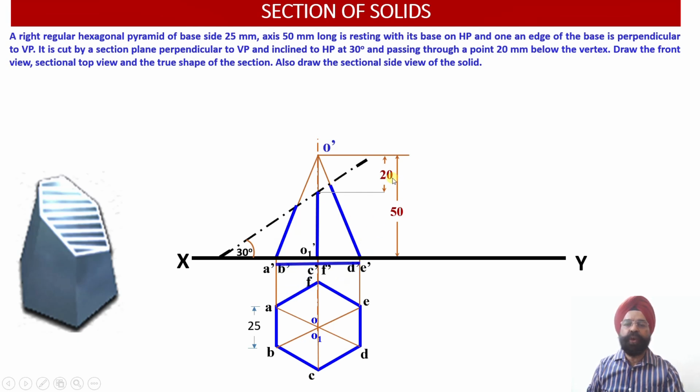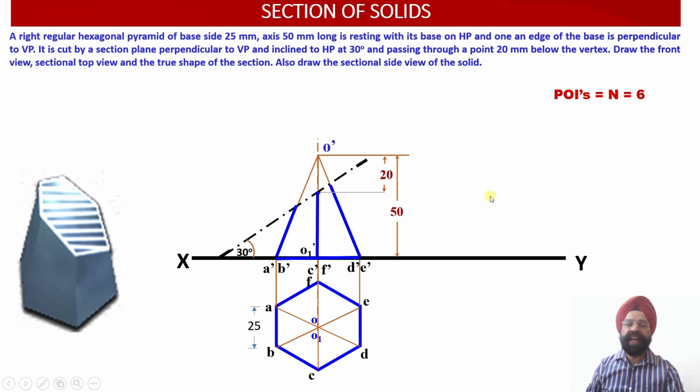Now 6 POIs are there, so the front view of the cut section has been obtained, and this cutting plane is cutting all these generators. So we'll work out the different points. 6 points of intersection will be there because all the generators have been cut. Now this is not passing through the base, so no additional POIs will be generated in this particular case.